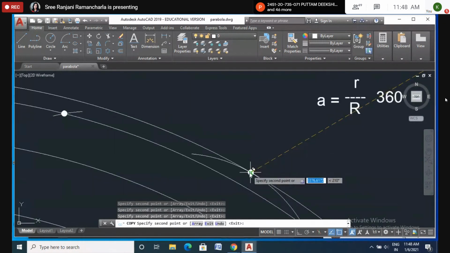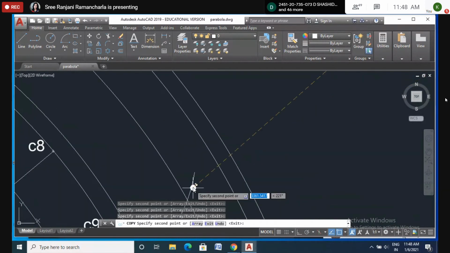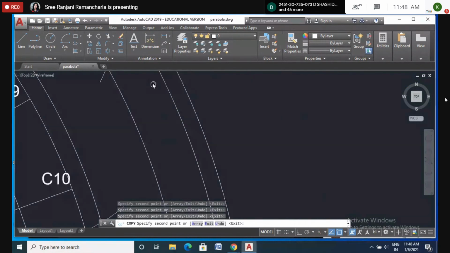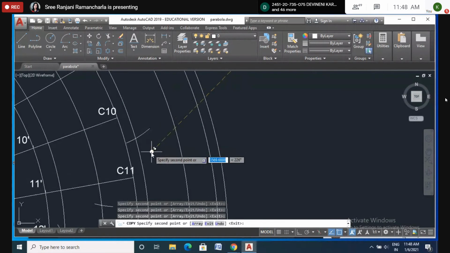So here also intersection points are showing. See, where it is showing intersection, there only you have to pick or select. And in this case also, we have to be careful about here or here. This is a center line, so you should not mark any point here.